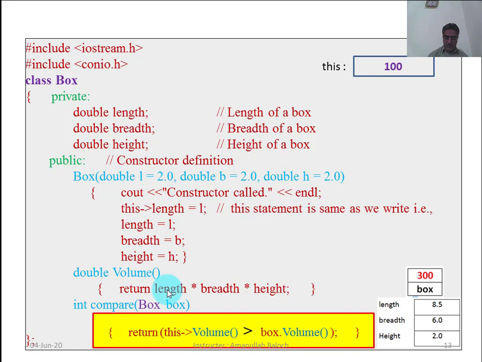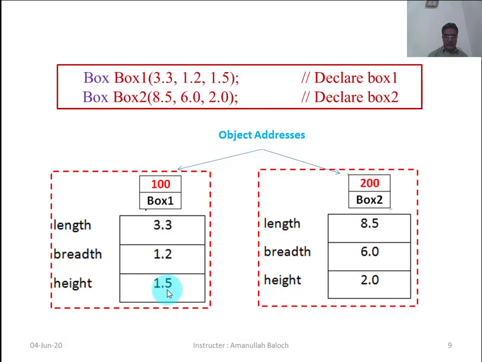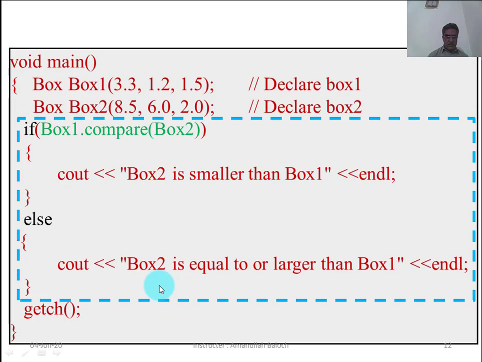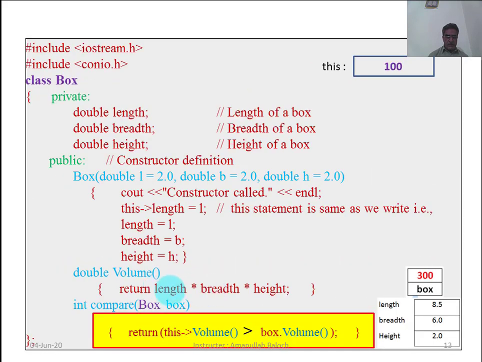What is stored at the location of 100? The values are length 3.3, 1.2 and 1.5. So the computer will fetch those three values and multiply them, and the result will be returned at this location.